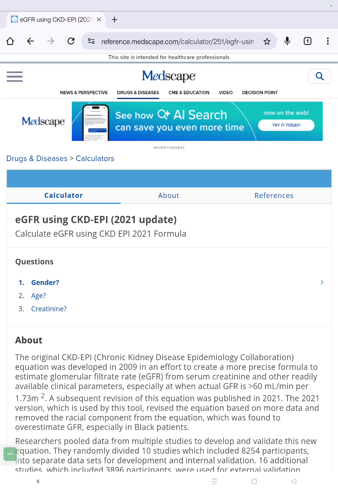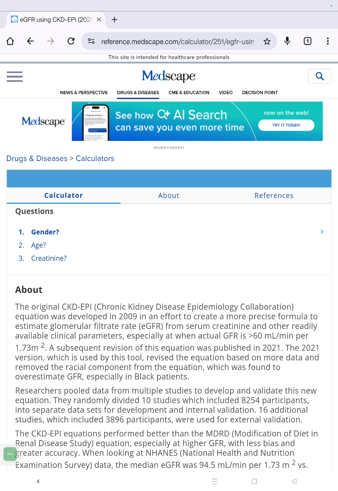And we have the CKD-EPI formula, which uses the gender, the age and the creatinine level to calculate eGFR.